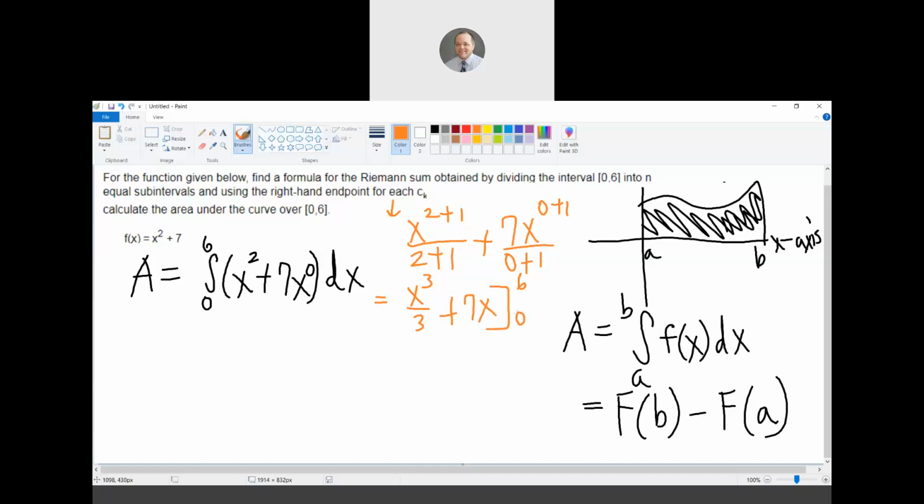Now we're ready to use our new theorem to find the area under the curve. Now, according to your fundamental theorem of calculus, part 2, by the way, you take your upper limit of integration and plug it into your integral. So that means everywhere we see an x, we'll plug in 6.